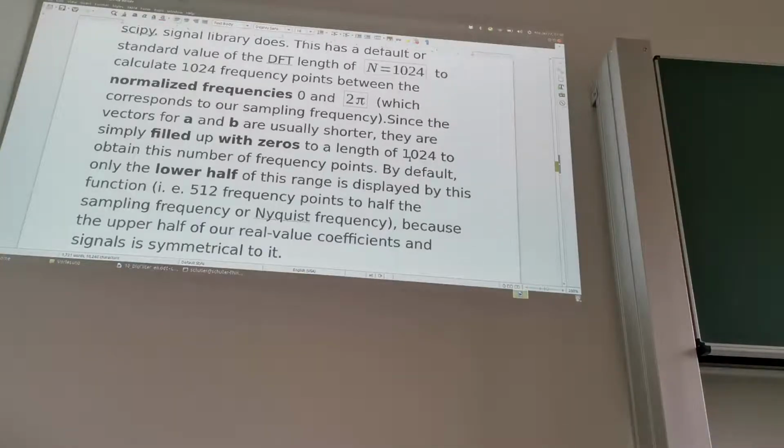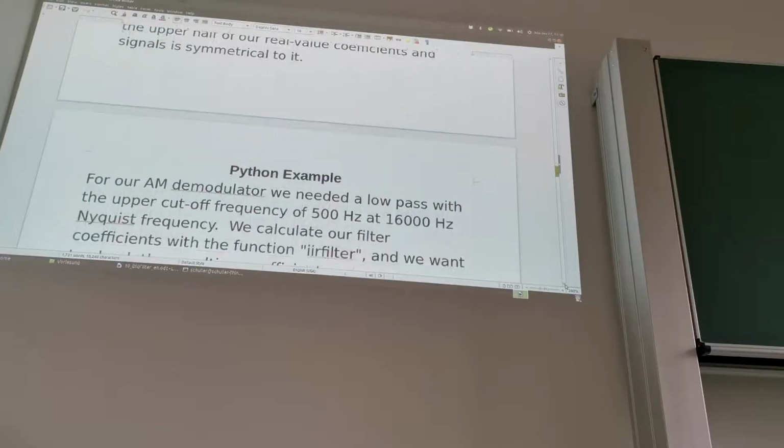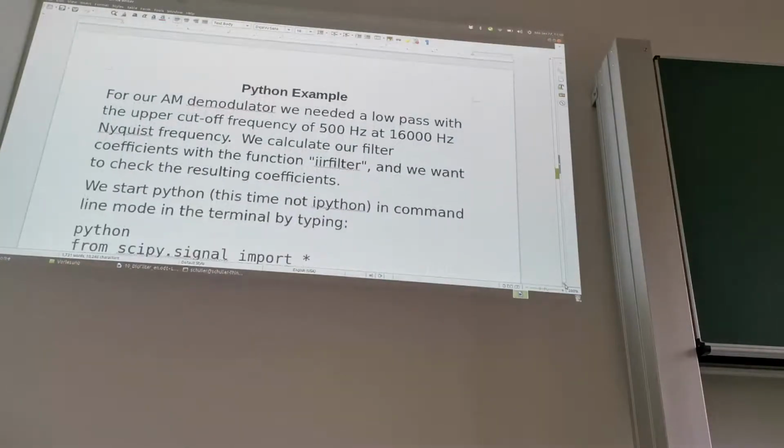Right? And then you have your A of k and B of k. And by default, only the lower half of this range is displayed by this function, meaning only 512 frequency bins up to Nyquist. Because when we have real valued coefficients, then we have the symmetry. And then the second half doesn't give us any extra information.